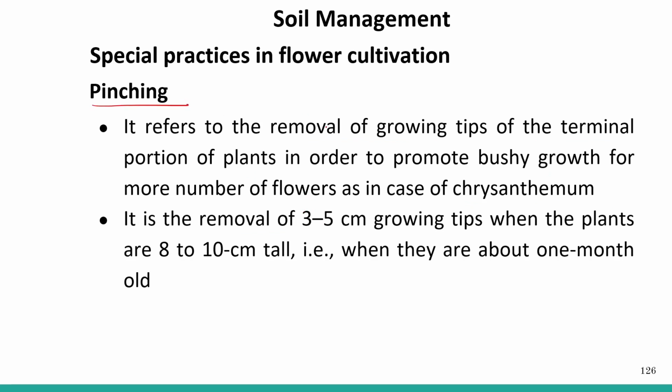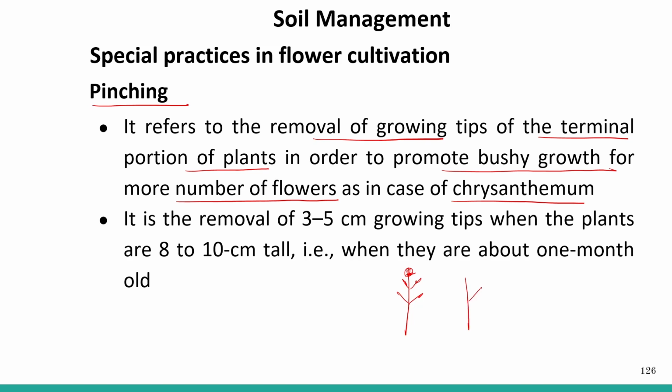Pinching. It refers to the removal of growing tips of the terminal portion of the plant in order to promote bushy growth for more number of flowers, as in the case of chrysanthemum. So what happens if the bud is present at the apex, right? If we remove this particular tip of the terminal portion of the plant, then it is called pinching. So what will happen?